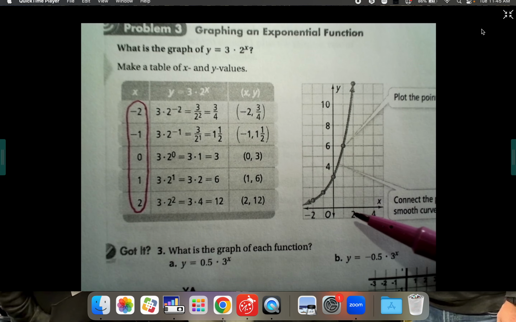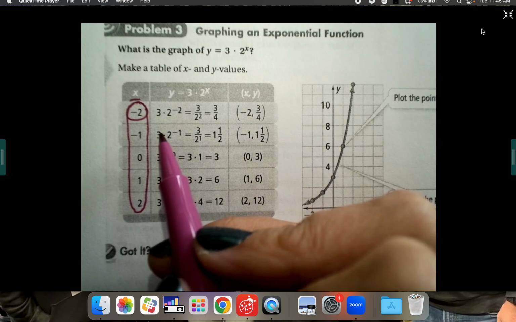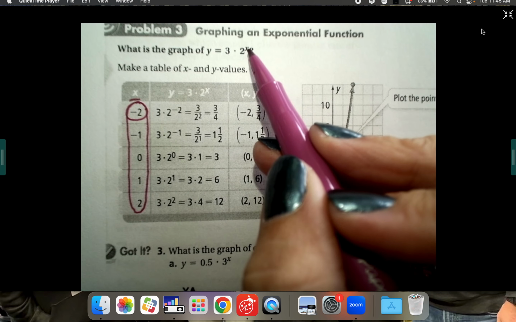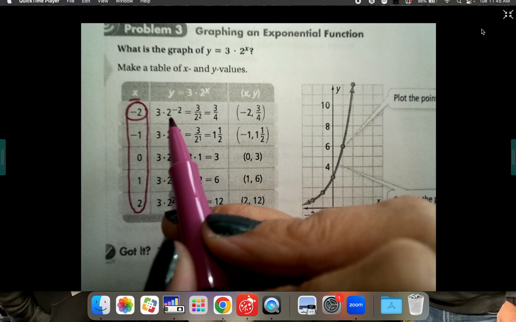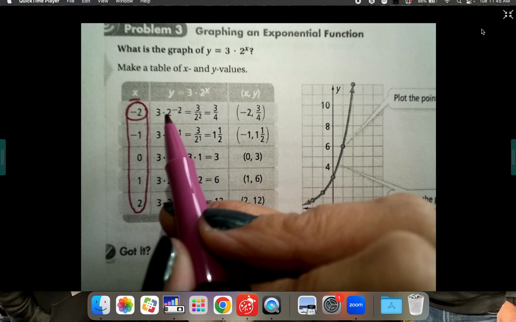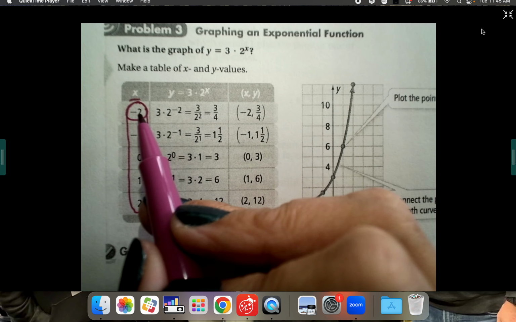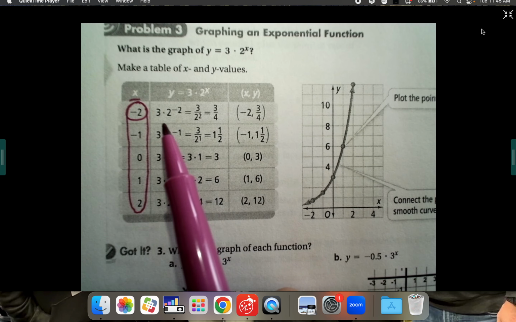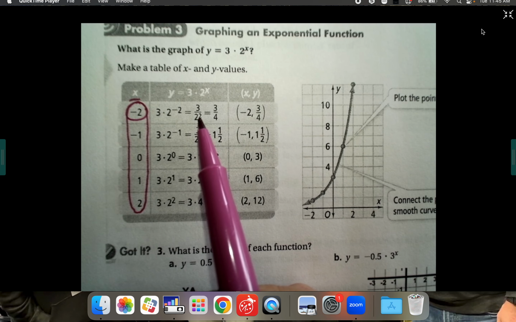So when you choose your x values, you're going to do one at a time and plug it in for x. Remember, our x is an exponent this time. What they did, and they showed you right here, they took 3 times 2 to the -2 power, because we're starting with -2 in for x. And you should remember from an earlier exponent lesson that you can't have negative exponents. So this whole term is going to flip to the denominator to become positive.